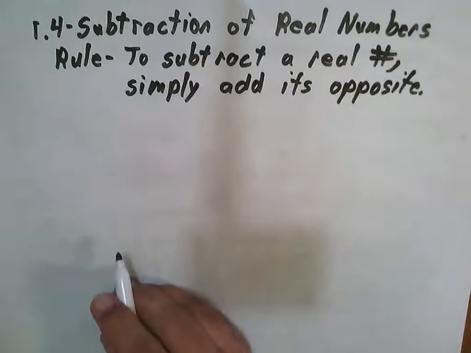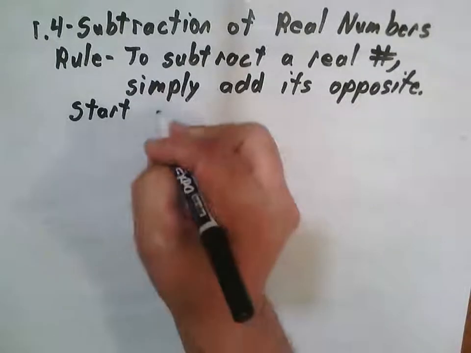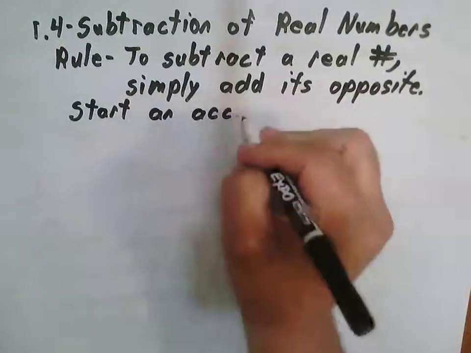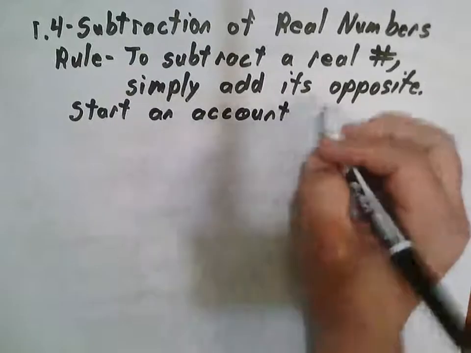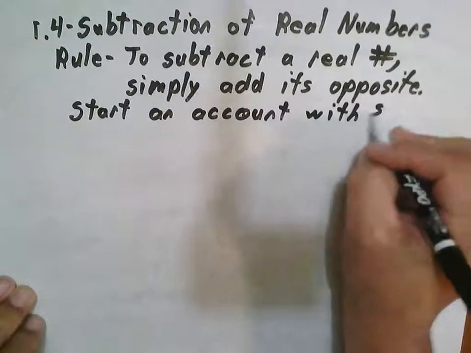So what that means is, and I'll show you, here's a problem that you're going to see very similar on the quiz. It's going to say that you start an account with $100.